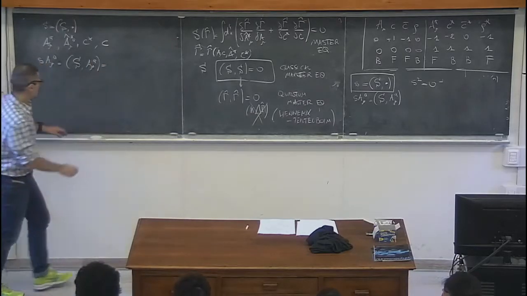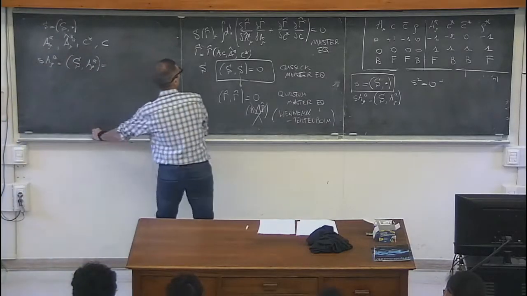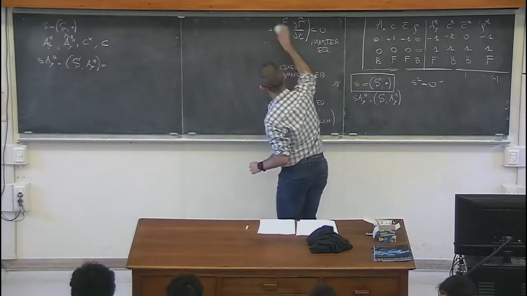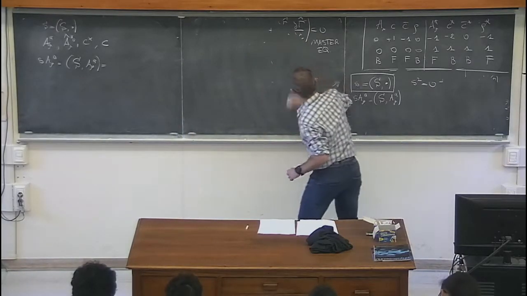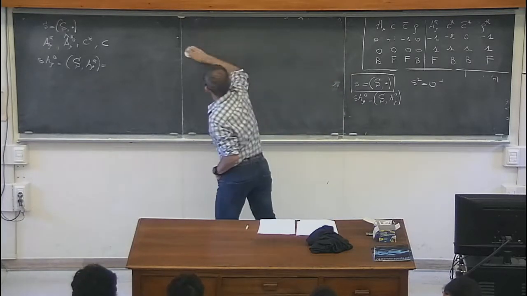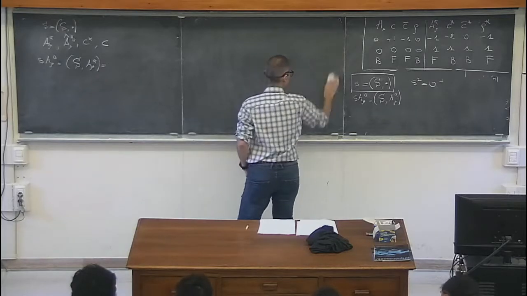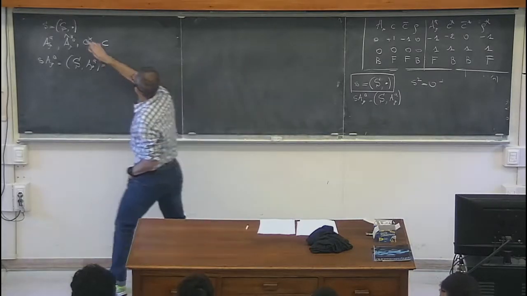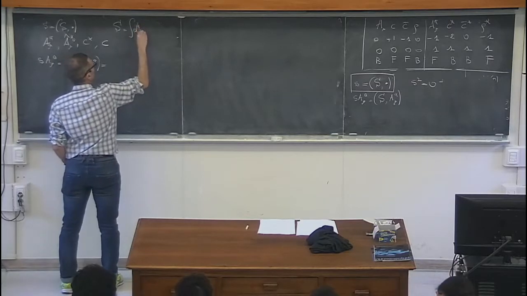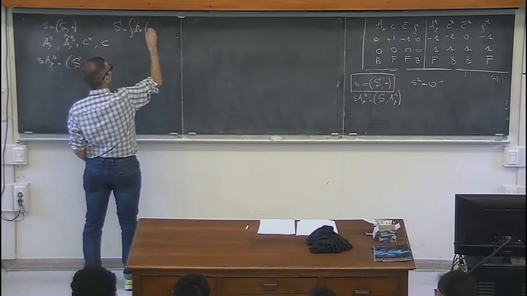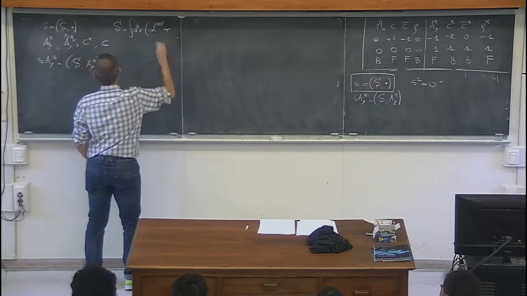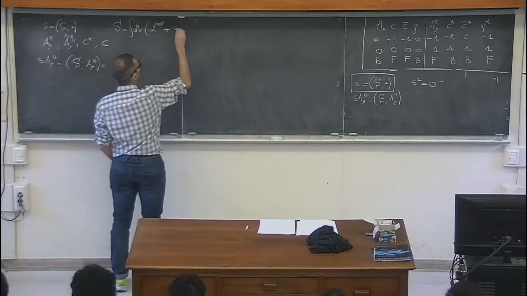Now, if I plug in this master equation, let me write down for you the master equation here. What is S? It is just the gauge invariant part plus the BRST part.